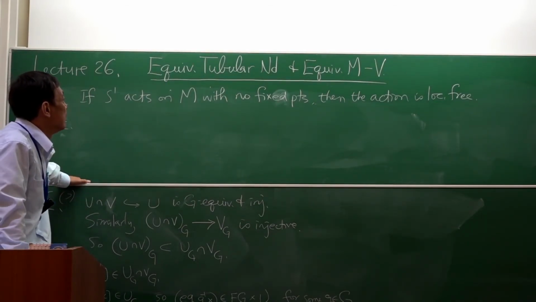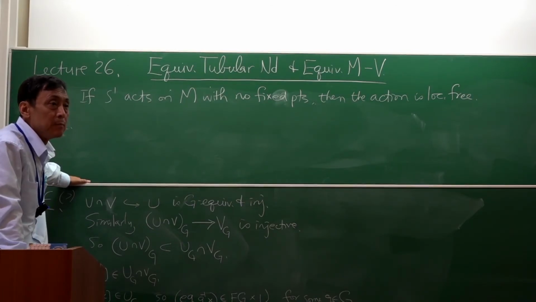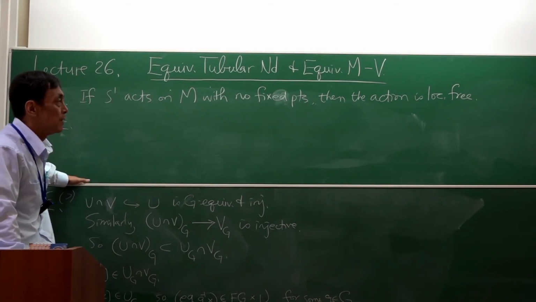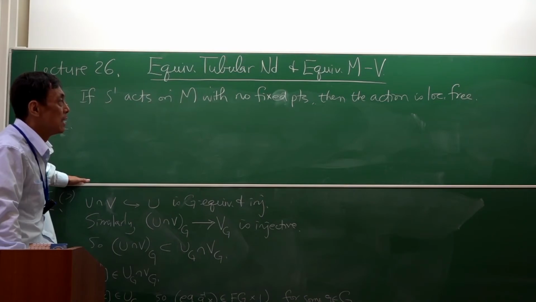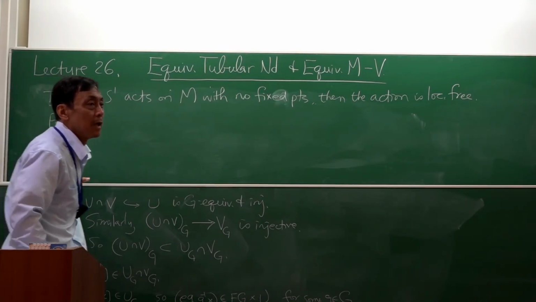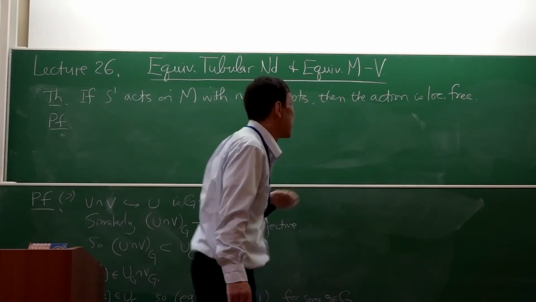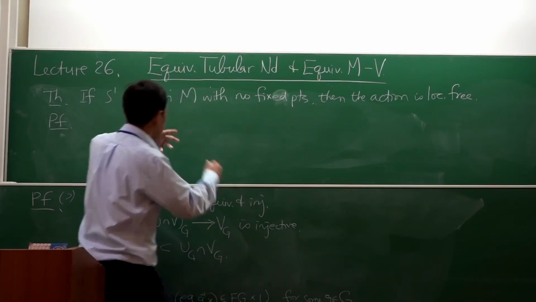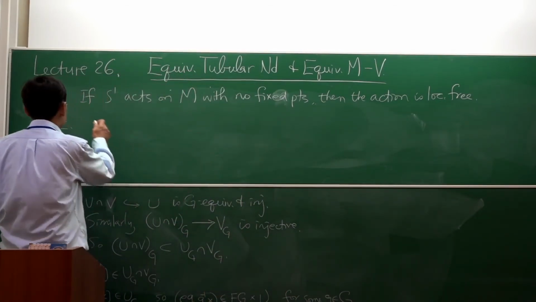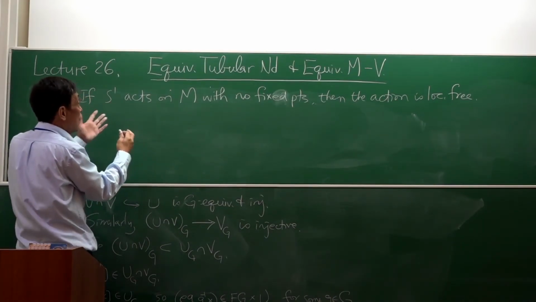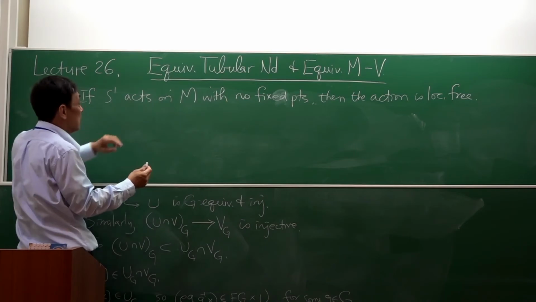Okay, so let's see. Why is that? If there are no fixed points, what can you say about the stabilizer? Yeah, it has to be a proper subgroup, but it can't be the whole group. If it's the whole group, then the stabilizer would be S1, and then you have a fixed point.